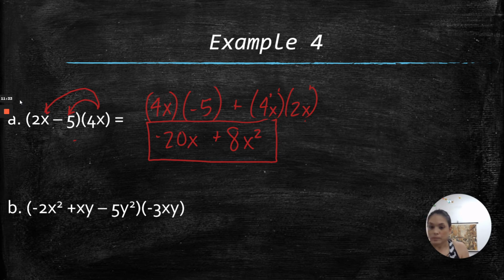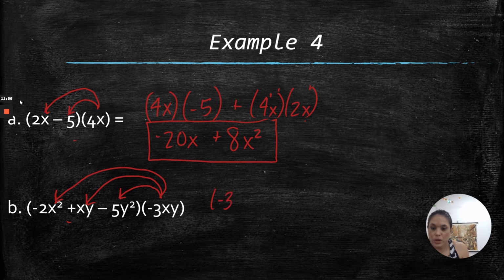Now, let's work on this one here, where we multiply negative 3xy by negative 5y squared plus xy plus negative 2x squared. So let's rewrite this.